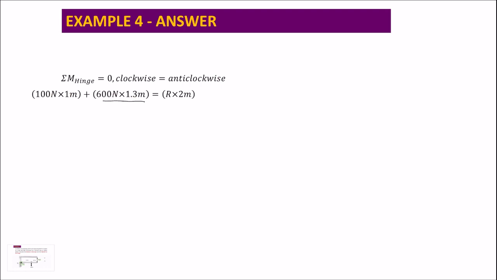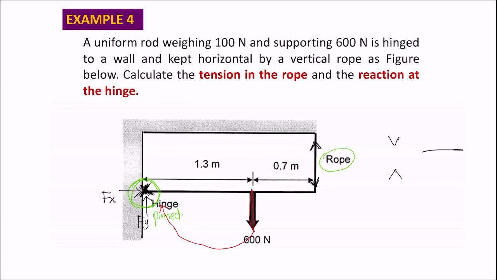This one. And you have another 100 Newton over there. So 100 Newton ni datang dari mana? Same. Sebab kita ada this 100 Newton macam example number 3. This is the self weight of the rod. Okay, so 100 Newton ni di mana? It should be at the center lah of this rod.